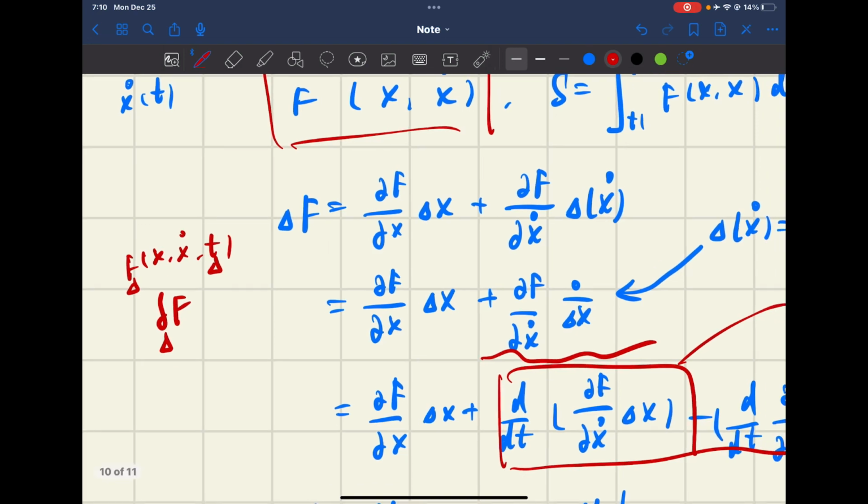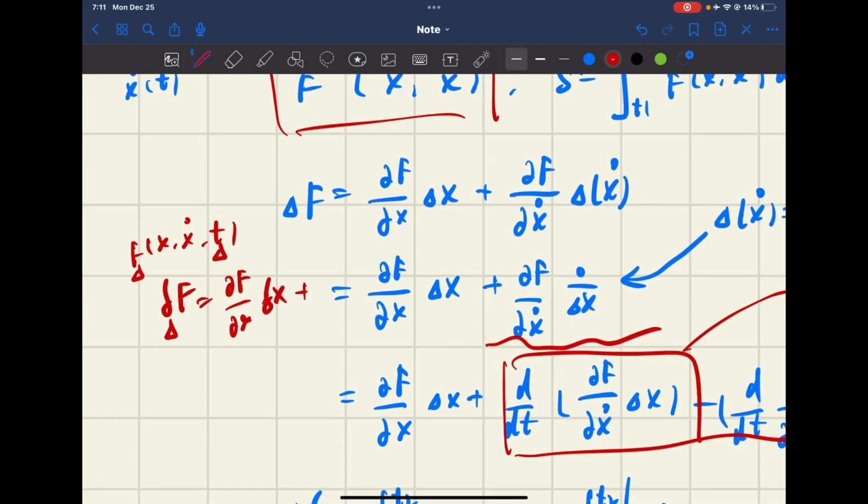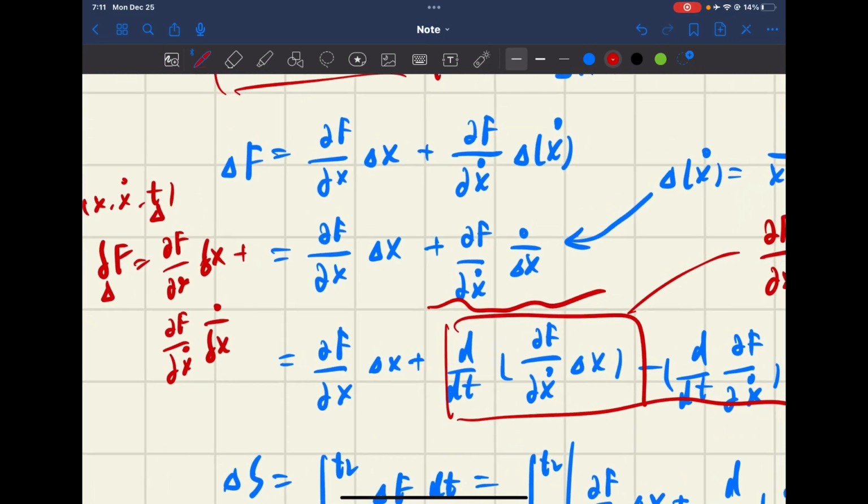So after we write this, we change all the big delta to small delta. Oh no, sorry, I made a mistake. Yeah, it will be like this.